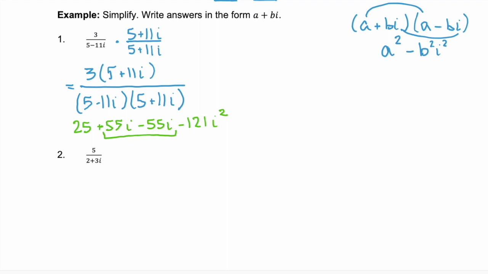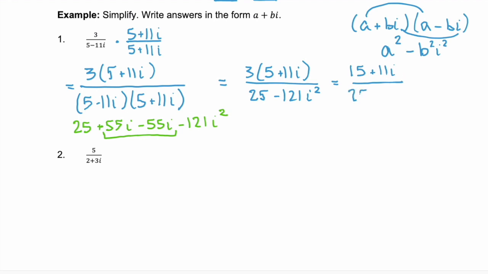Now notice these middle terms that we got from the outer and the inner cancel each other out. They're opposites. So this simplifies to 3 times 5 plus 11i over 25 minus 121i squared. Simplify the numerator. We need to distribute that 3, so we get 15 plus 11i over 25 minus 121 times negative 1, right?